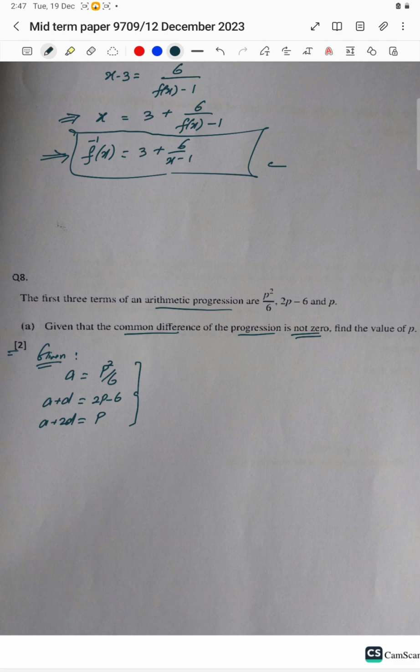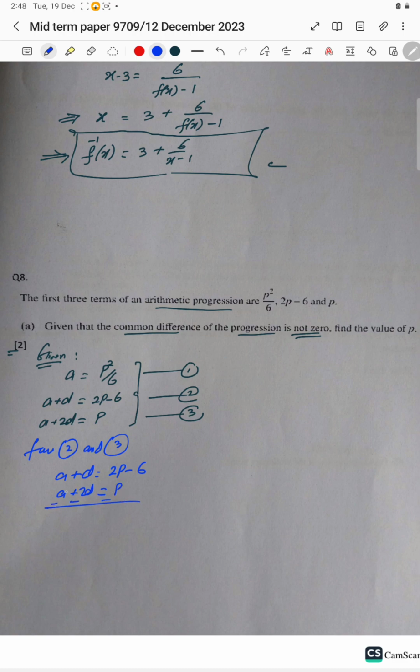Okay, we have to find the value of p when the common difference is not 0. So what to do? We can label this as equation number 1, this as equation number 2, this as equation number 3. From 2 and 3, a plus d is equal to 2p minus 6 and a plus 2d equal to p.